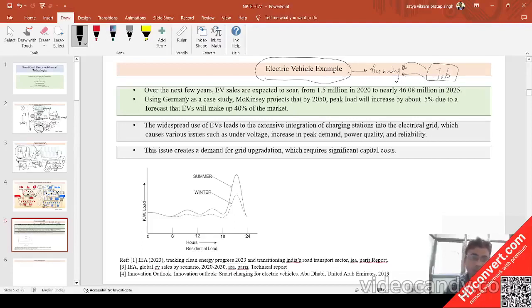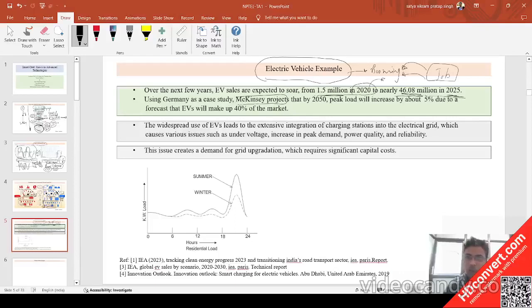What are the current EV sales? There is a study done by McKinsey. It projects 1.5 million EV sales up to 2020, which has been achieved, and nearly 46.08 million up to 2025.